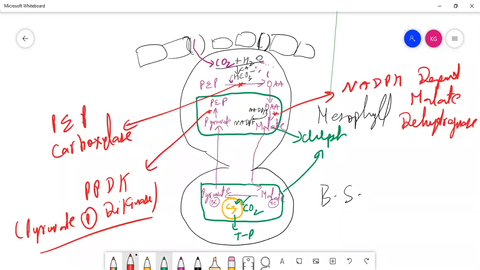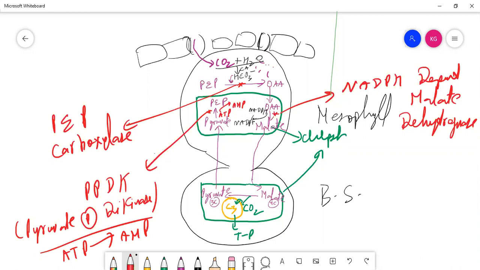Remember, again important. In this reaction, one ATP is converted to AMP. And we know this conversion of ATP to AMP is regarded as equivalent to 2 ATP molecules.